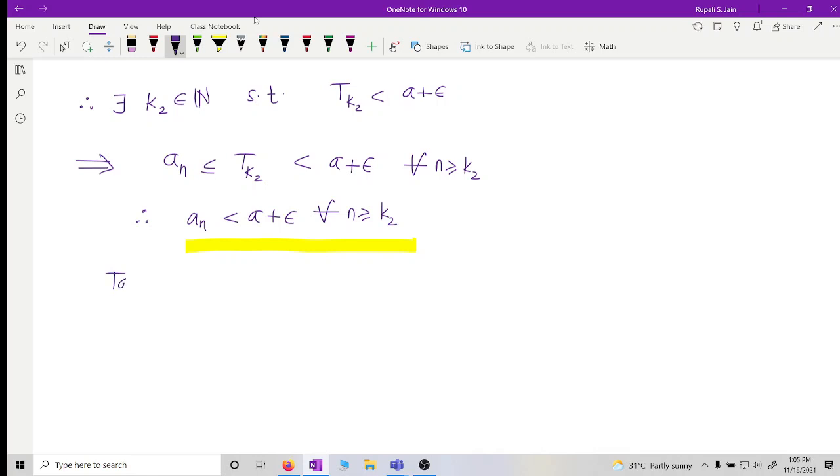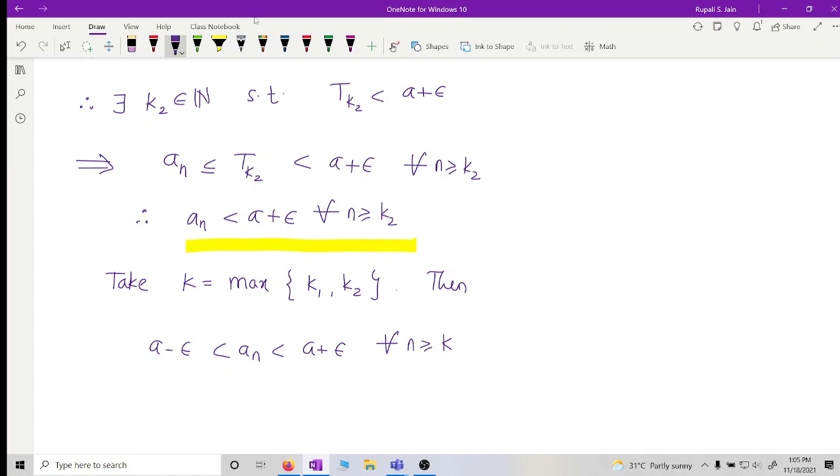So take k equal to the maximum of k1 and k2. Then A minus epsilon is less than a_n less than A plus epsilon for all n greater than or equal to k. Can I write?